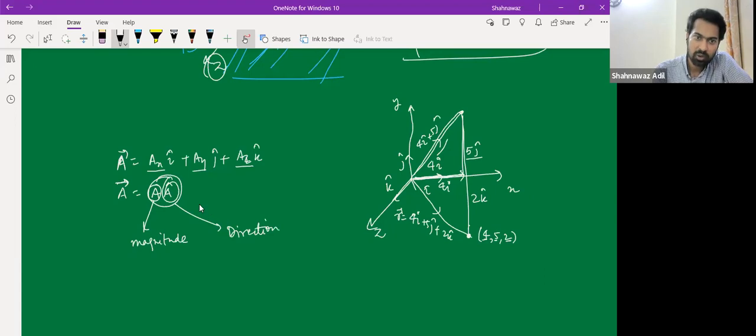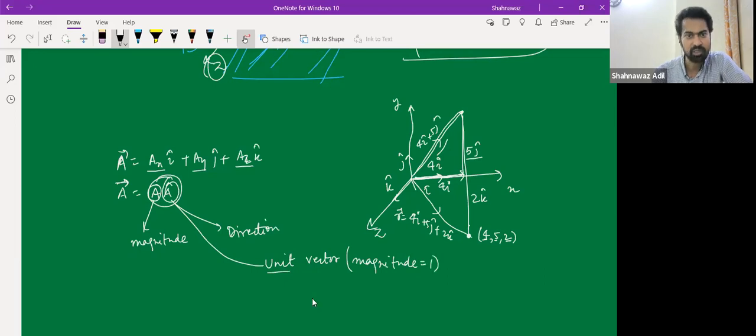This is also called the unit vector. When I say unit, it means that it has magnitude equal to 1. So this A hat only represents the direction of the A vector, right?